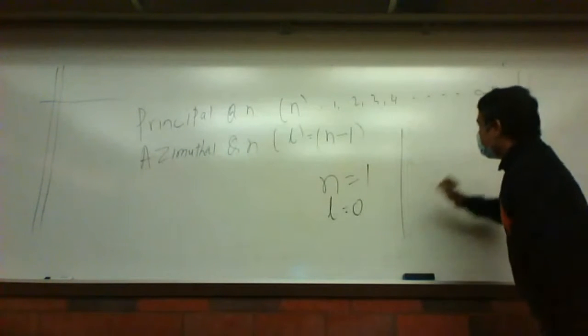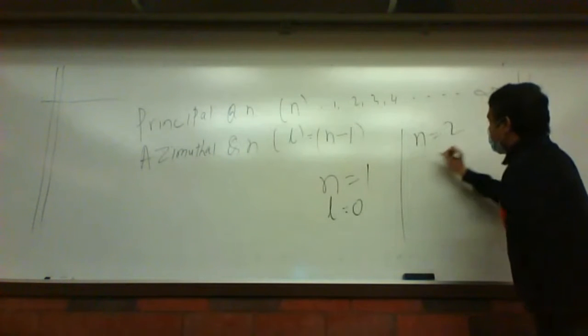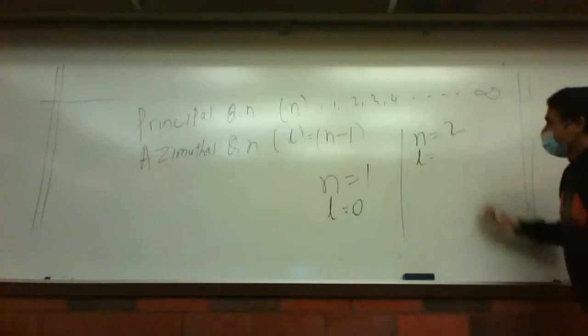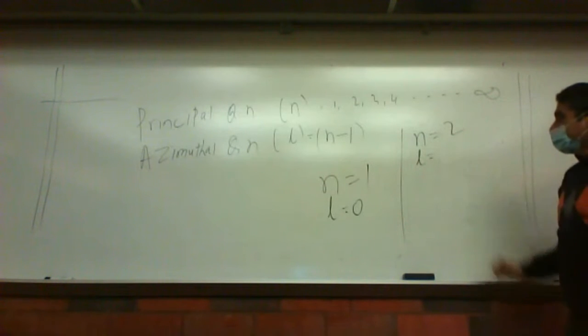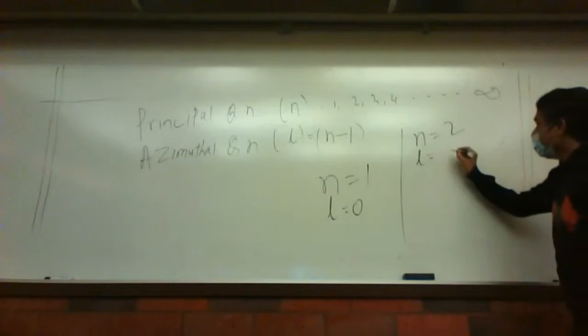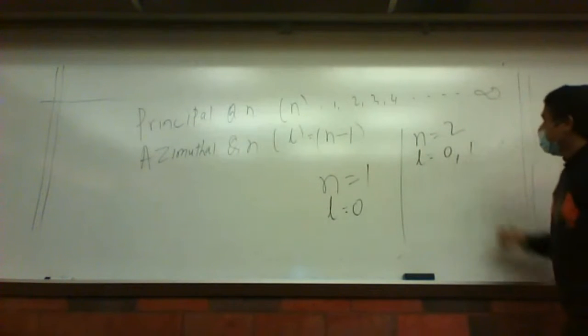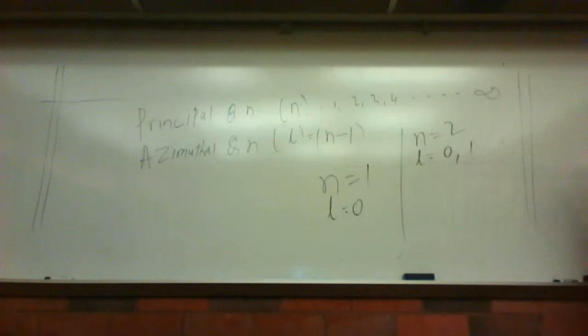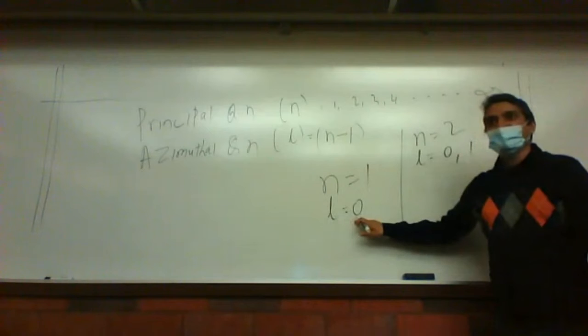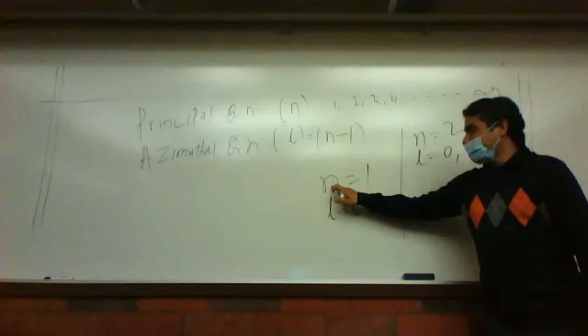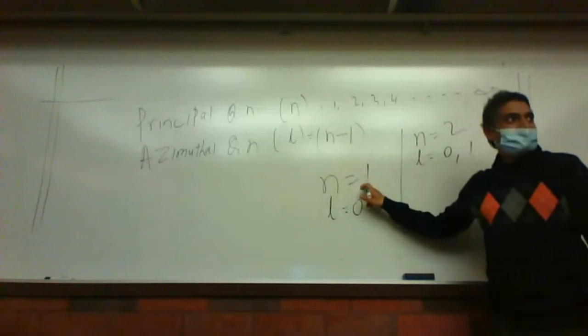Now, if n equals 2, the value of L would be n minus 1, so 2 minus 1, like this, 0 and 1. Make sense? So azimuthal quantum number, we always start from 0. Principal quantum number, we always start from 1, right?